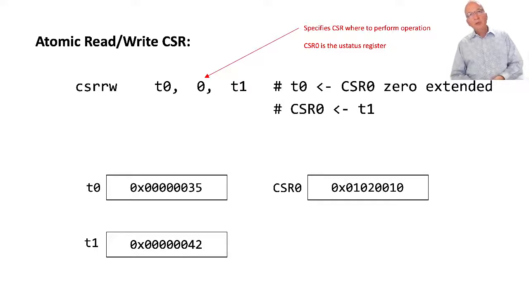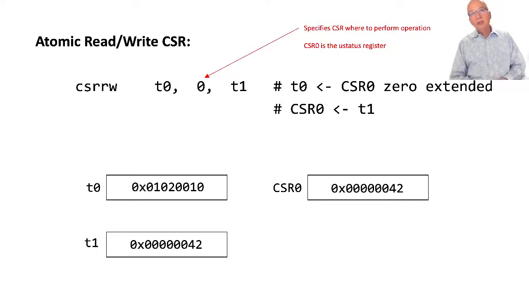The instruction is going to, at the same time, move the value that was in the control status register to T0 and move the value that was in T1 to the control status register. Note that I could have specified T0 as the second register in this instruction. In this case, I would have a swap between T0 and control status register 0.